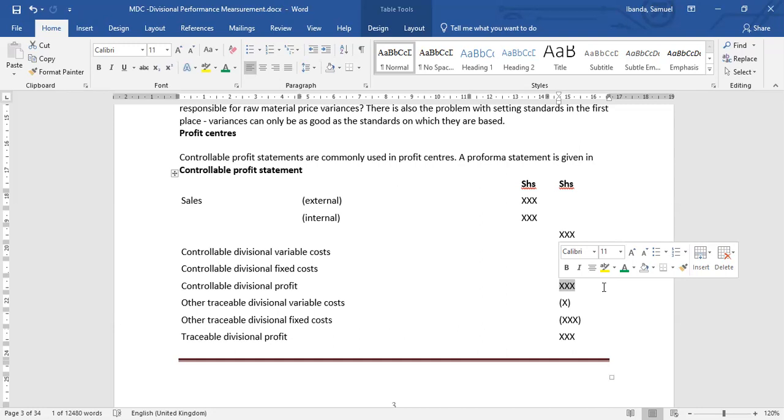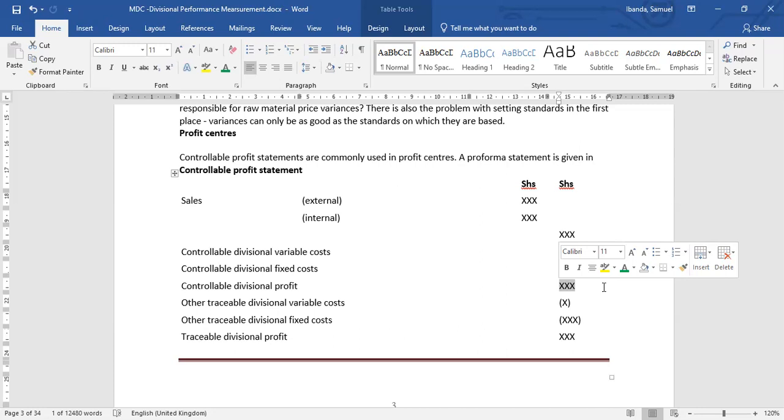This decision might have come from head office to say that this branch needs to be repaired, it doesn't look good, it doesn't give us a reputation. So the CEO makes a decision and says we should repair this office, maybe painting and branding and so on. Now, the manager of the branch doesn't have control over this cost because it comes from the head office. So it is not a controllable divisional cost; it is a traceable divisional cost because it's a cost for the division.